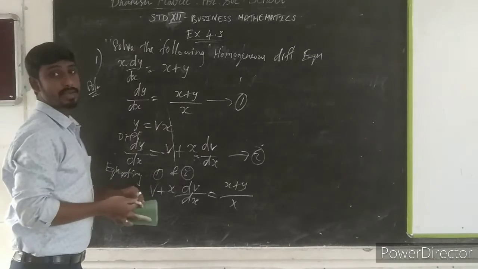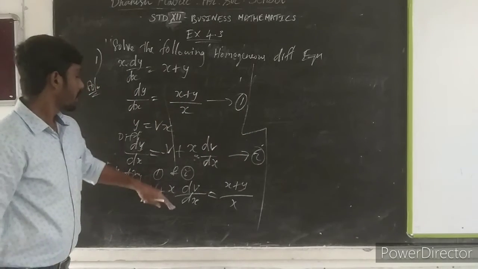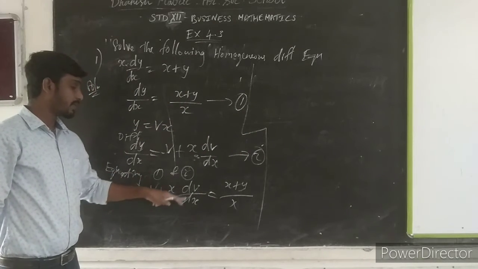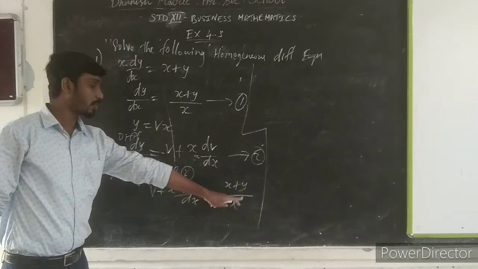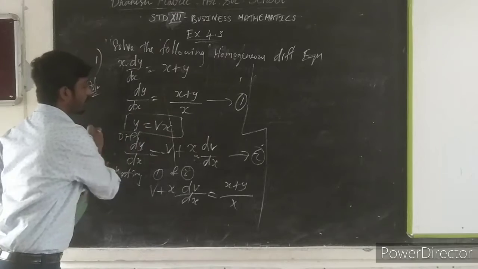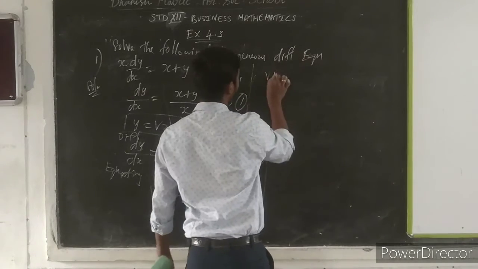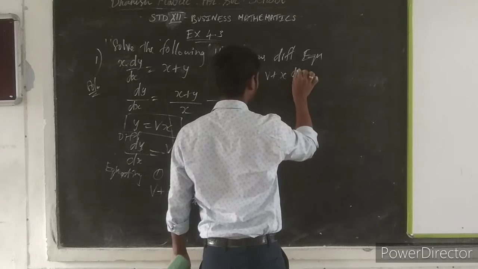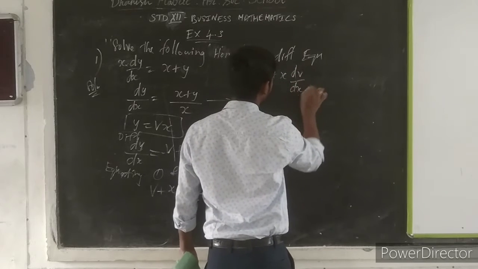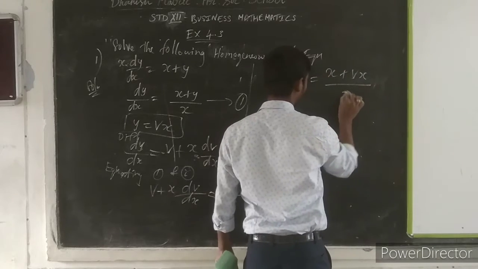Now we are going to substitute the values. v plus x dv divided by dx equal to x plus y divided by x. We have y equal to vx, so we substitute vx here. So v plus x dv divided by dx equal to x plus vx divided by x.